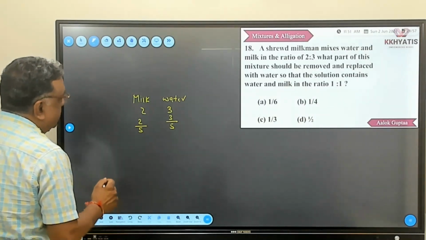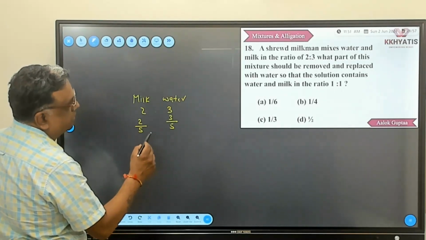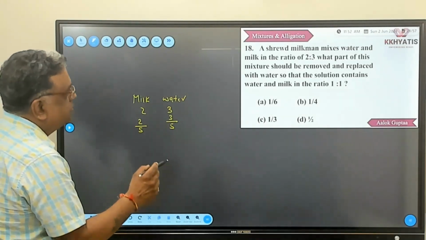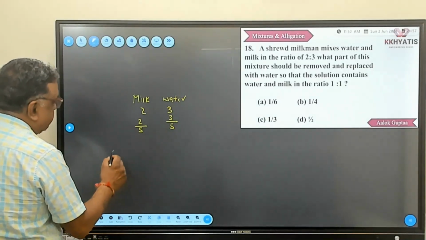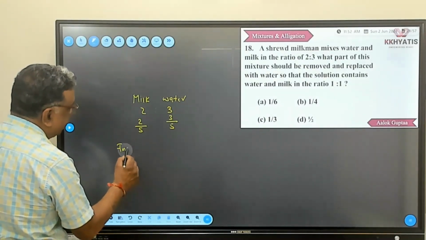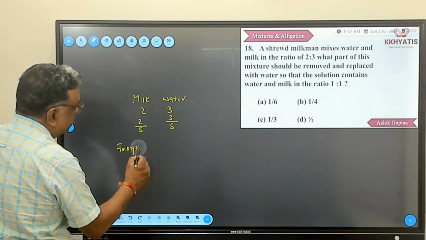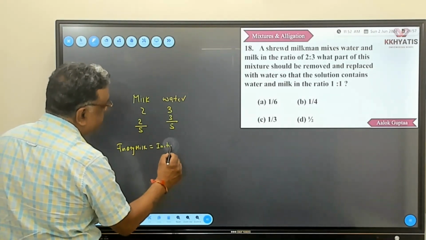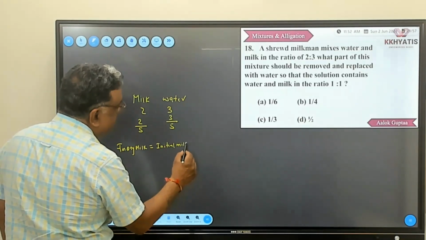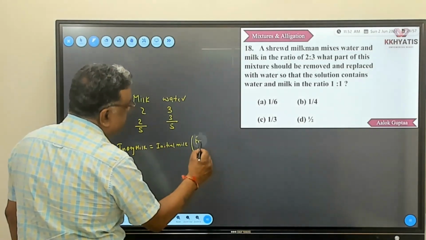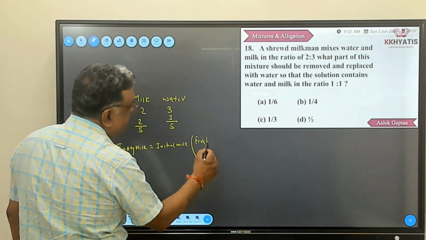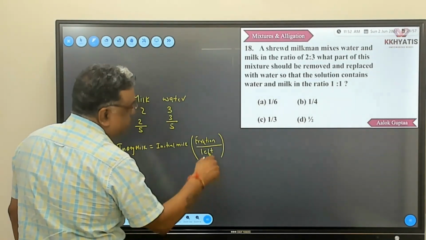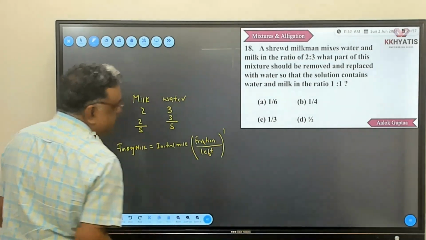Now we are applying what part of this mixture should be removed and replaced with water. So I can say final quantity of milk is initial quantity of milk into fraction left upon number of times this process is done, which is only one time here.